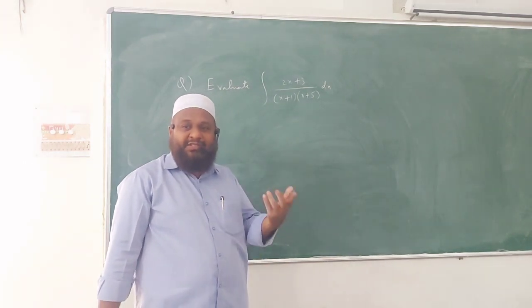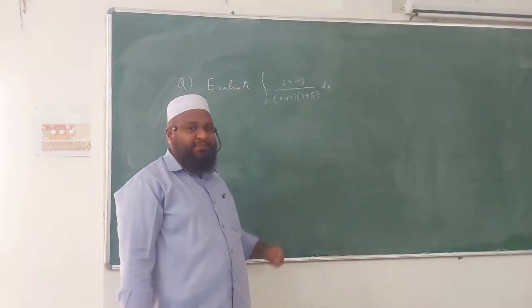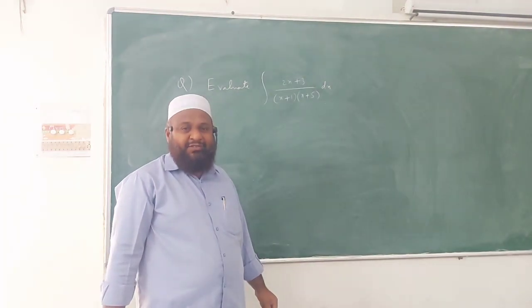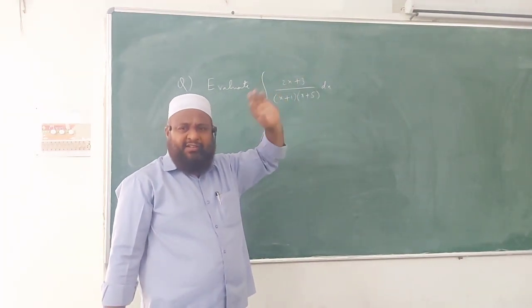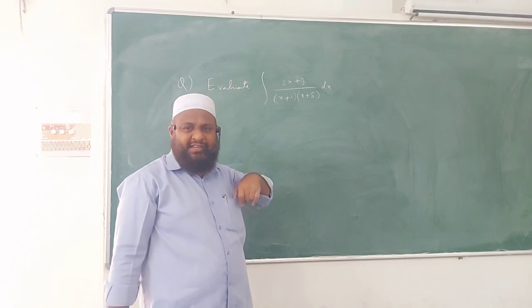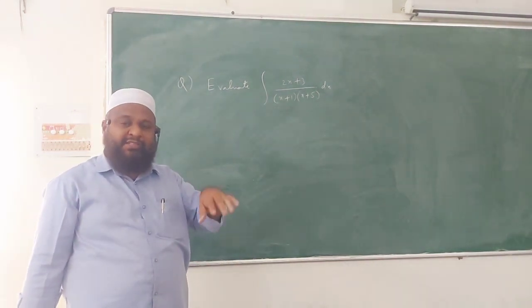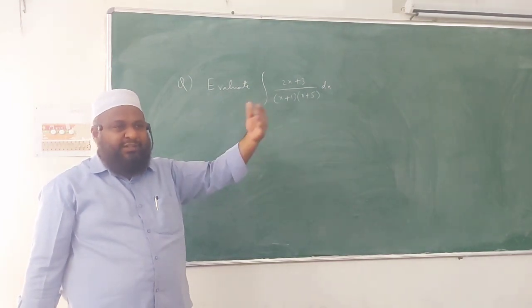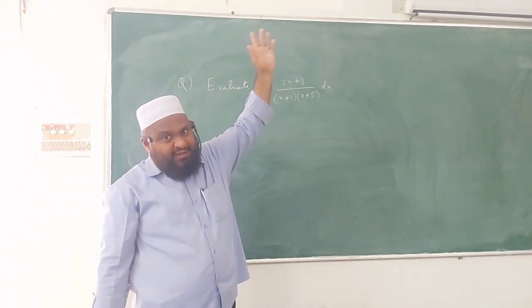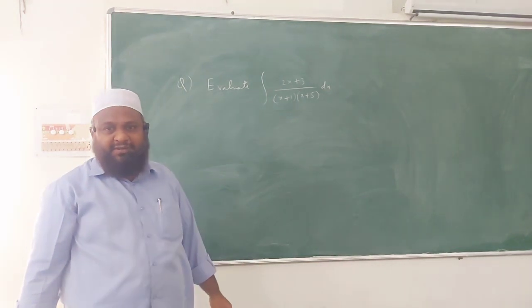Integration by parts is not applicable here, or else it will become very difficult. Leibniz rule also not working here. It is not so simple to continue. Sometimes the derivatives will go on continuing, so Leibniz rule is not applicable at that time.